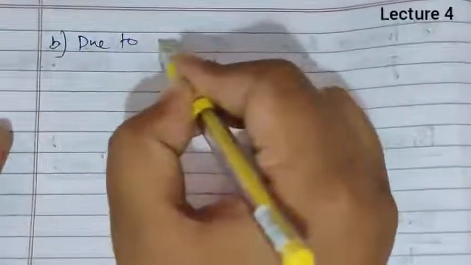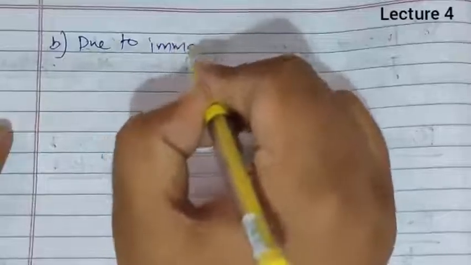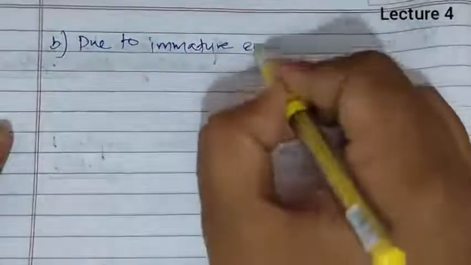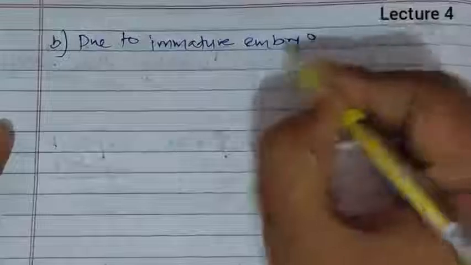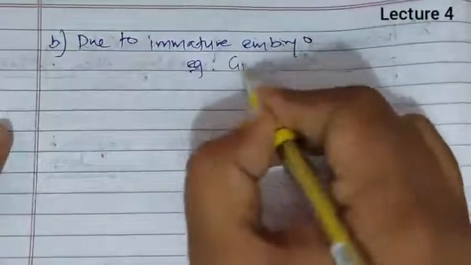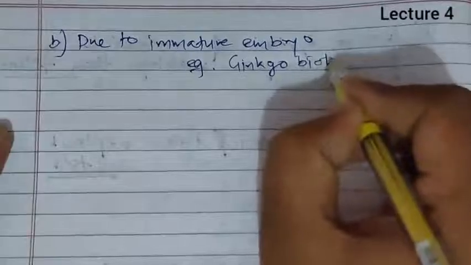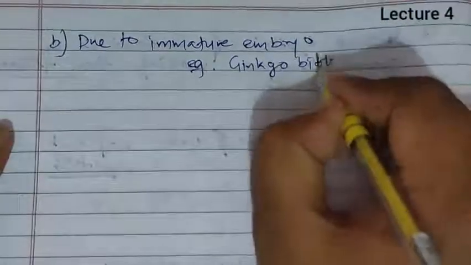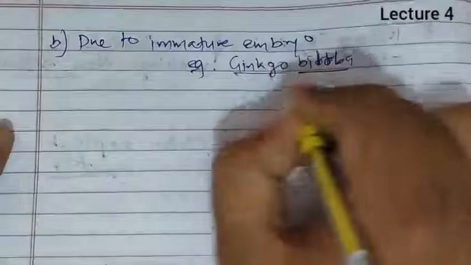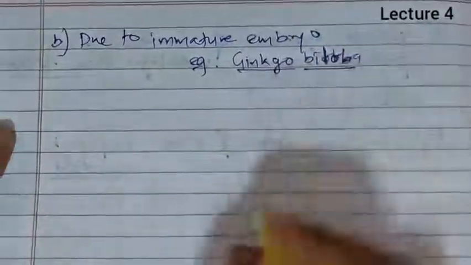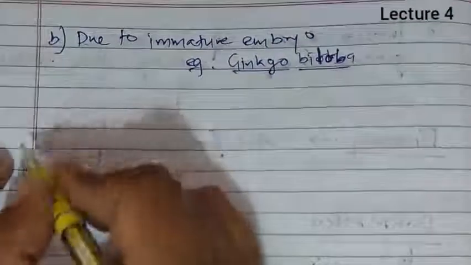Another reason can be the presence of an immature embryo. Example is Ginkgo biloba. In Ginkgo biloba also, the dormancy occurs due to the immature embryo.